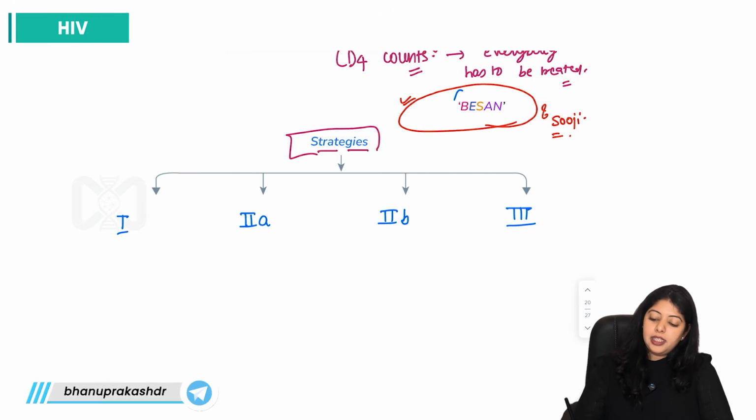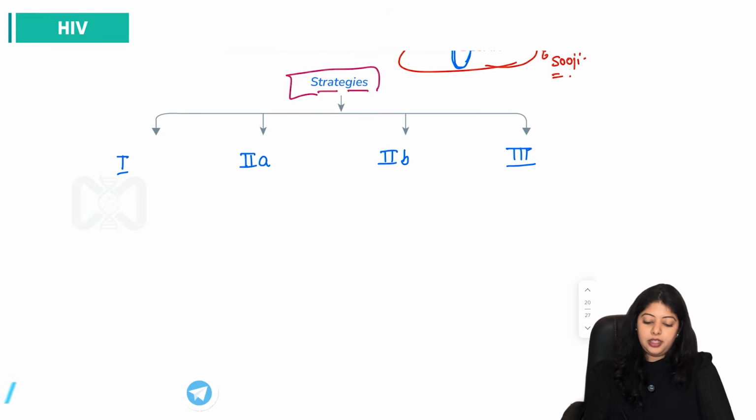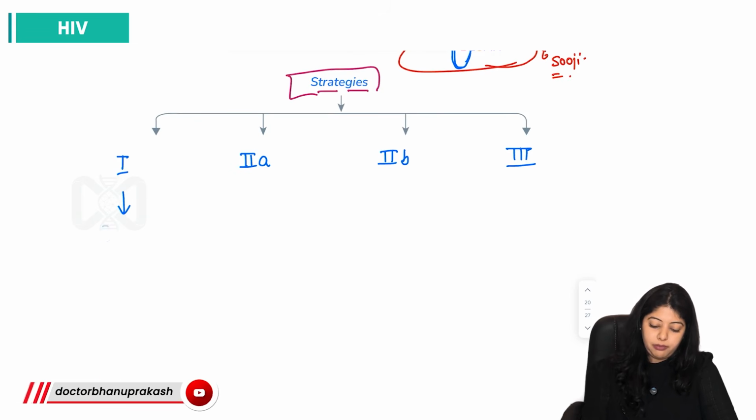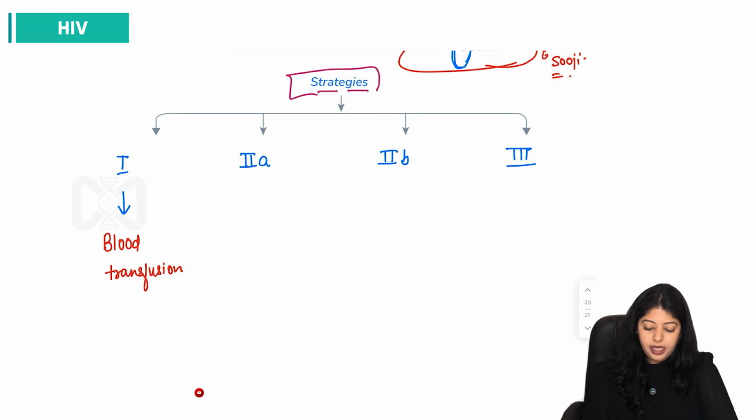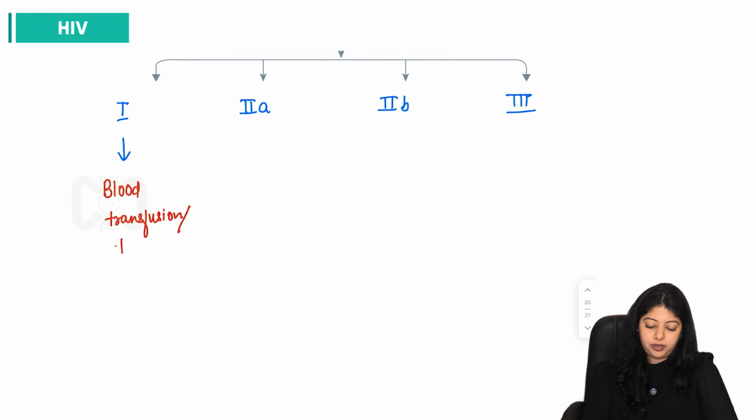So what is strategy 1? It is used for screening of blood donors, B for blood transfusion, as well as transplant.